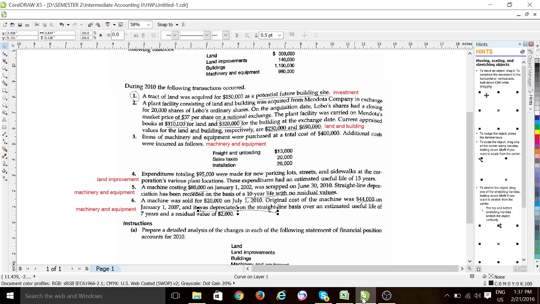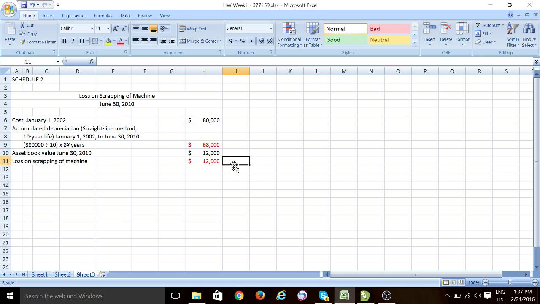Okay, and then the last one is the sixth transaction, which is selling machine. We also need to make a schedule to calculate the loss as well as the accumulated depreciation. So I'll name it Schedule 3.